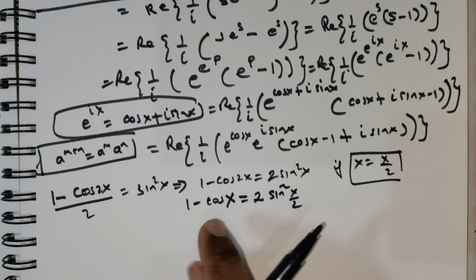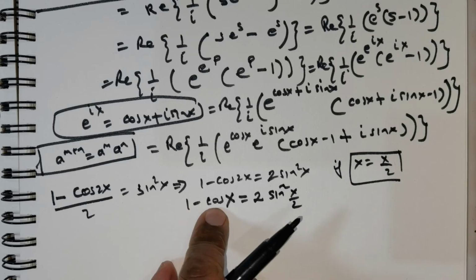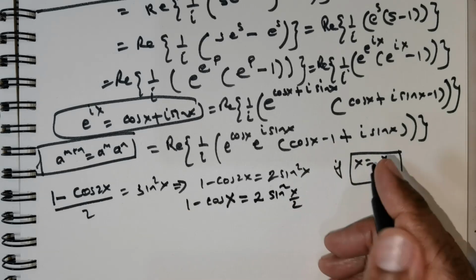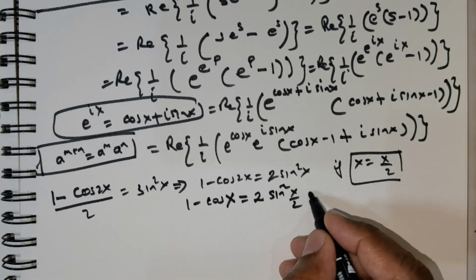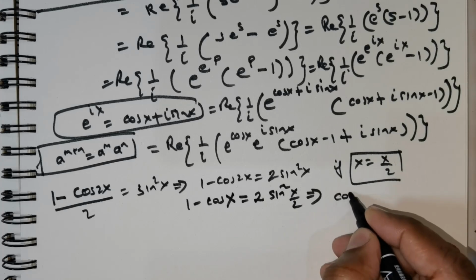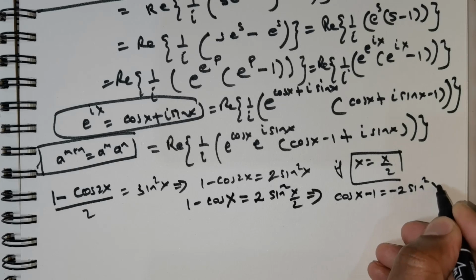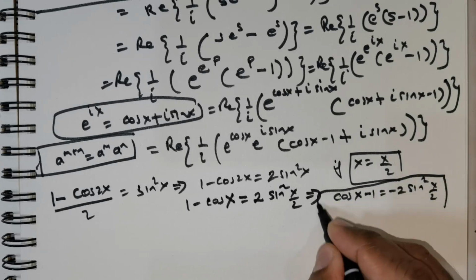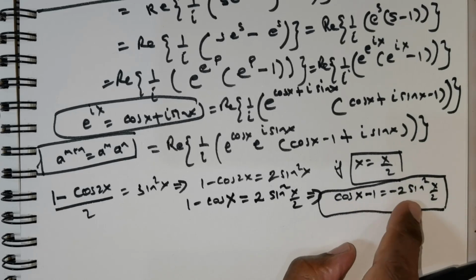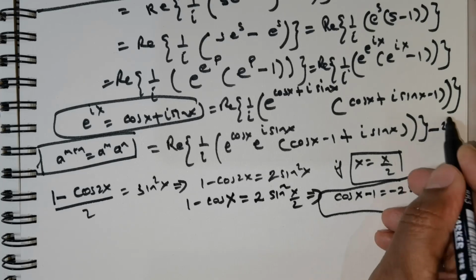I need to have a positive cos x, so for that you multiply by negative 1, and that would give me cos x negative 1 is equal to negative 2 times sin squared of x over 2. So in place of cos x negative 1 I will be substituting this. Let me name this as 2.